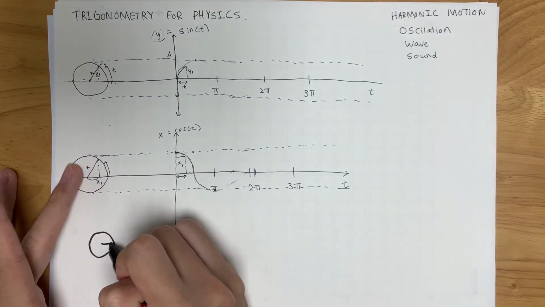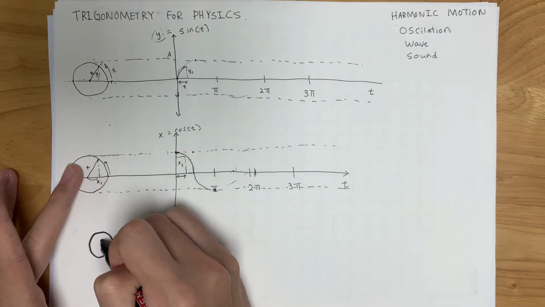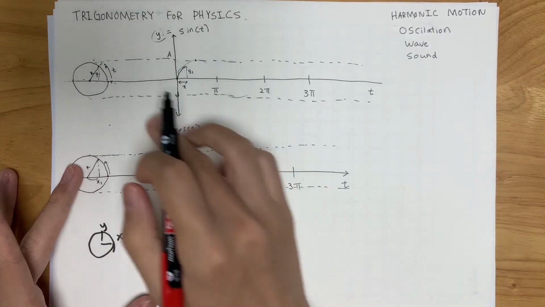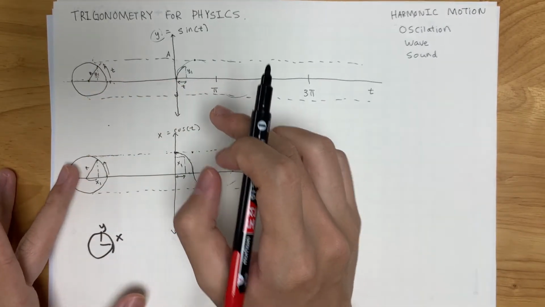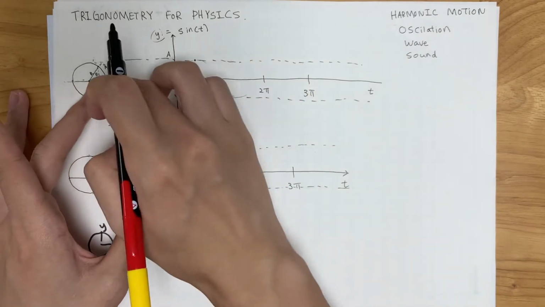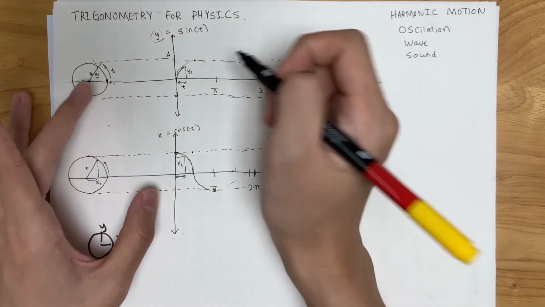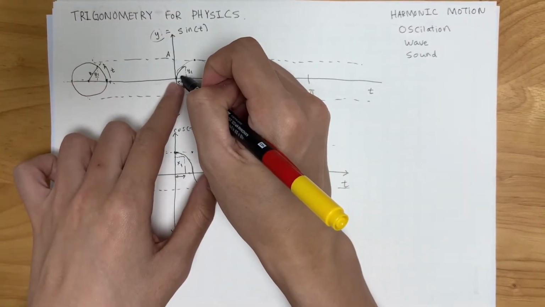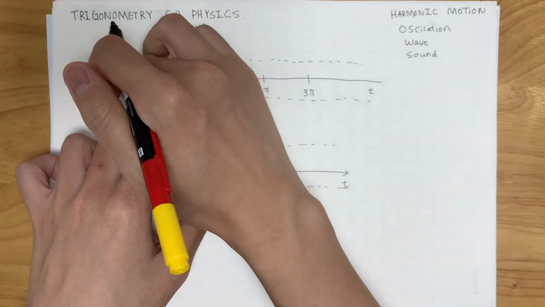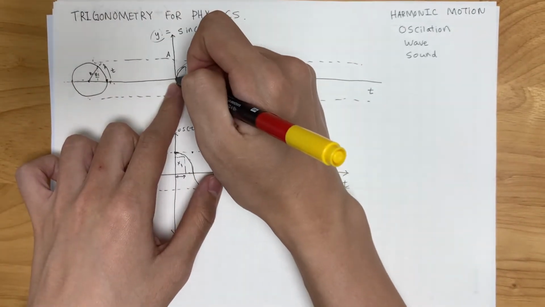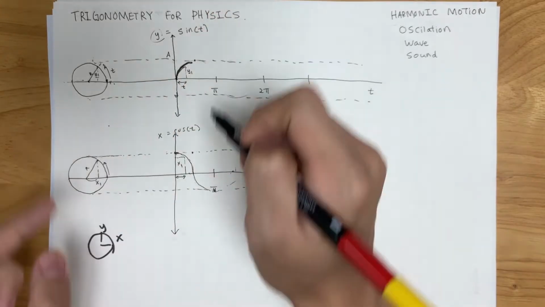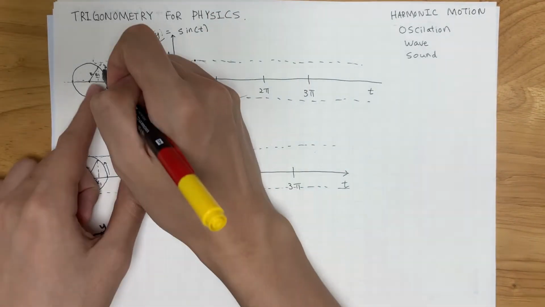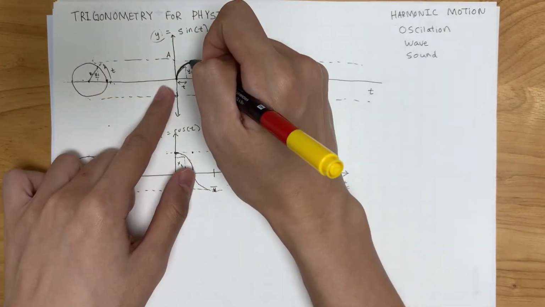The circle has an x component and a y component. This one is the y component. As it goes around, starting from this position, from 0, the y value rotates around here.